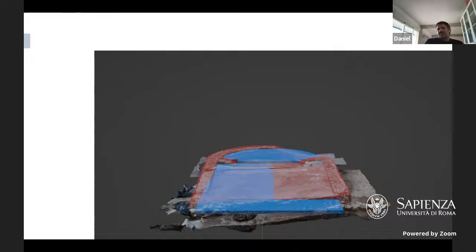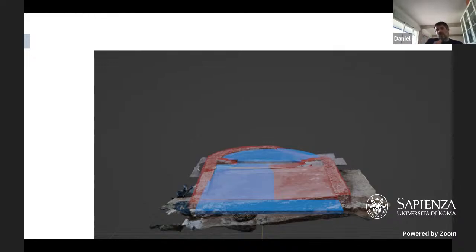Based on what? Based firstly on common sense, but secondly on the extensive knowledge that the Romans had about topography and architecture. It is highly unlikely that this floor wall originally had this slope. So in red, you can see here that slope I mentioned, and in blue, our proposal.